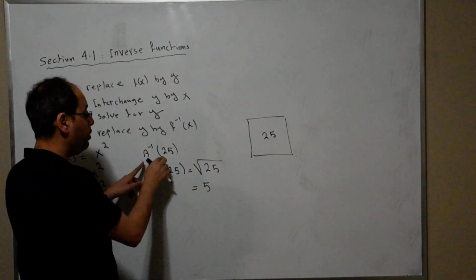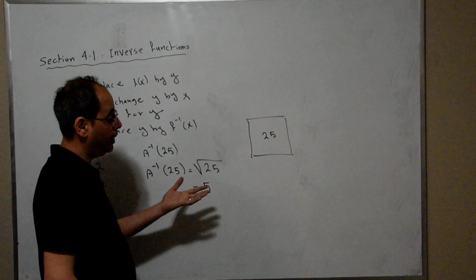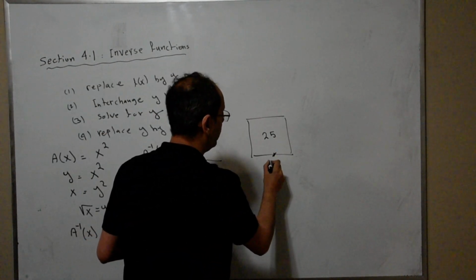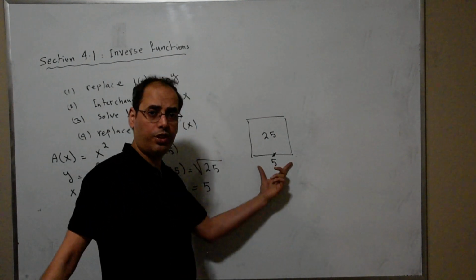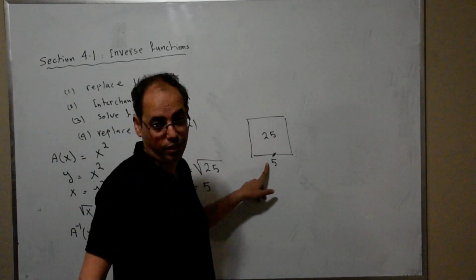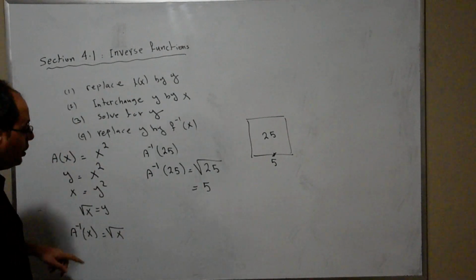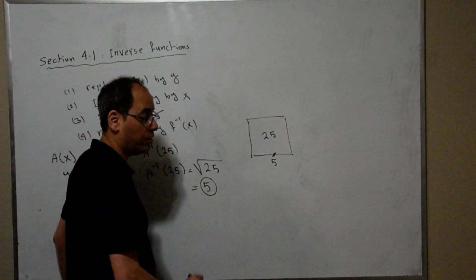Okay, the inverse of 25, if we interpret that, would be the size of the side here, which is 5. You can say geometrically that this side is negative 5. So that's why we eliminate the negative here to get a positive here.